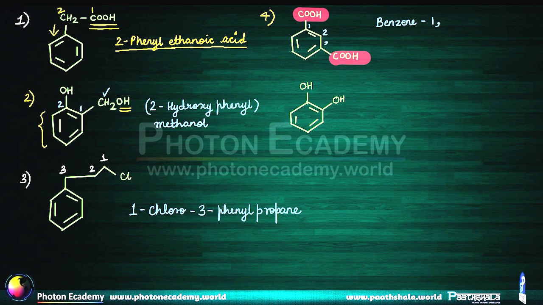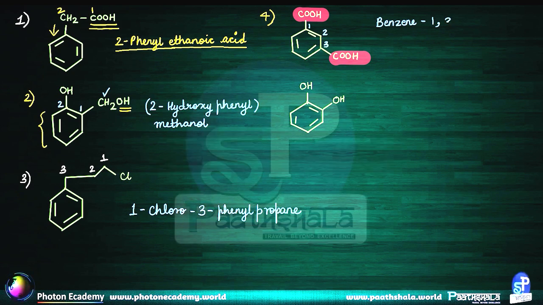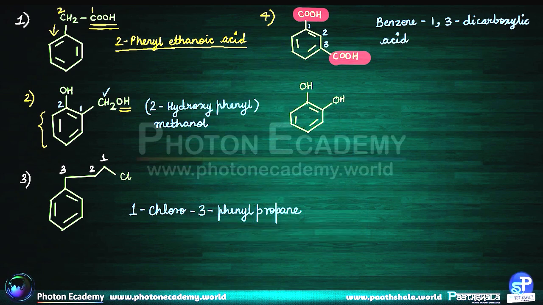So at 1 and 3, we have carboxylic acid, so call it dicarboxylic acid. All right, this is how we name compounds when we know that the benzene ring is an aromatic compound and we use that name to name our compound.